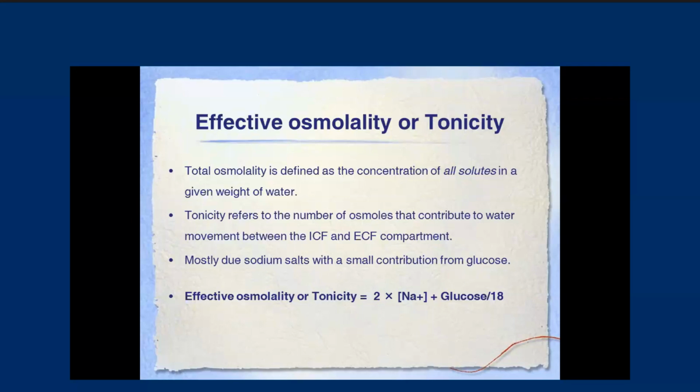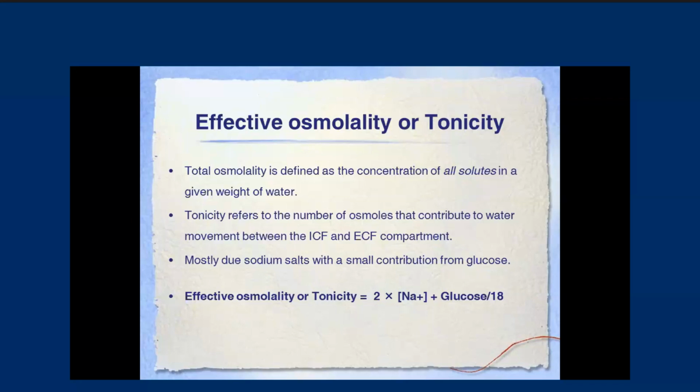So it doesn't determine the tonicity of the extracellular fluid compartment. So sodium is mainly found in the extracellular fluid, and sodium and glucose are the main determinants because they don't move freely between the intracellular space as well as the extracellular space.